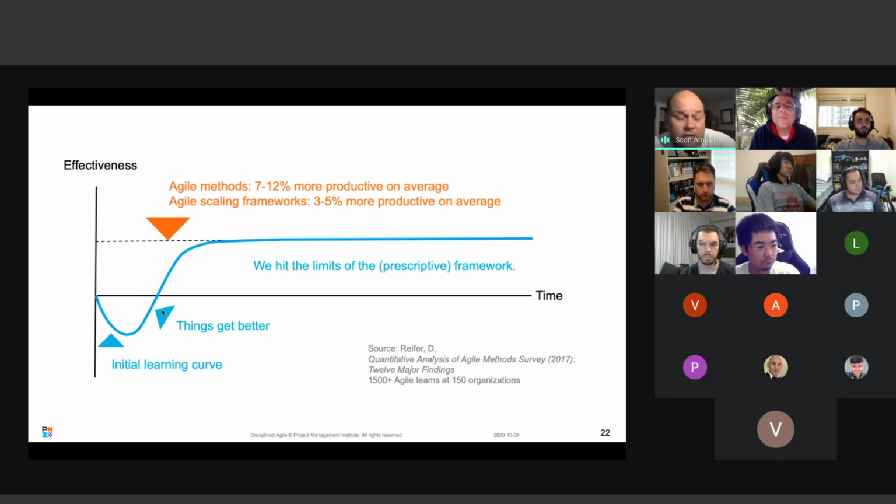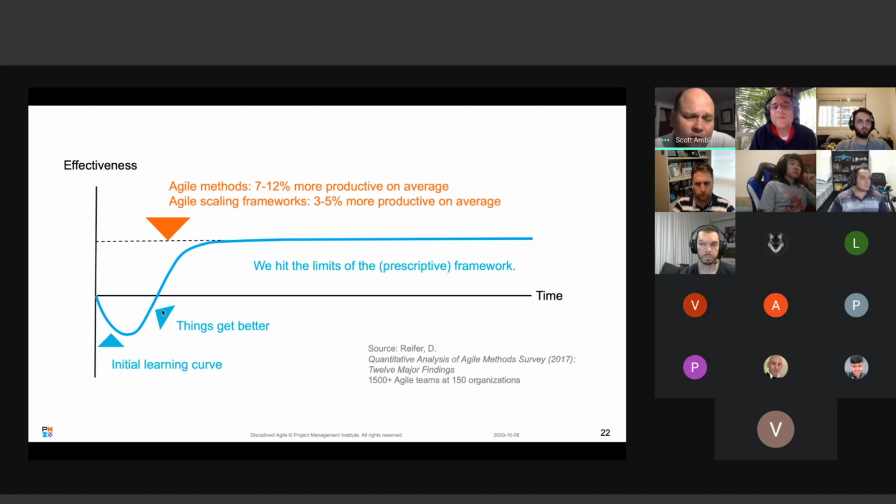What he's finding is, yeah, on average, it's working. Some people are doing better and some people are doing worse, but on average these are the types of numbers he's seeing. So it's working out, but it's not the 10 times productivity promises that we're hearing. Sure, I have seen some spectacular improvements in productivity by adopting Agile, or at least it appears that it was because of adopting Agile.